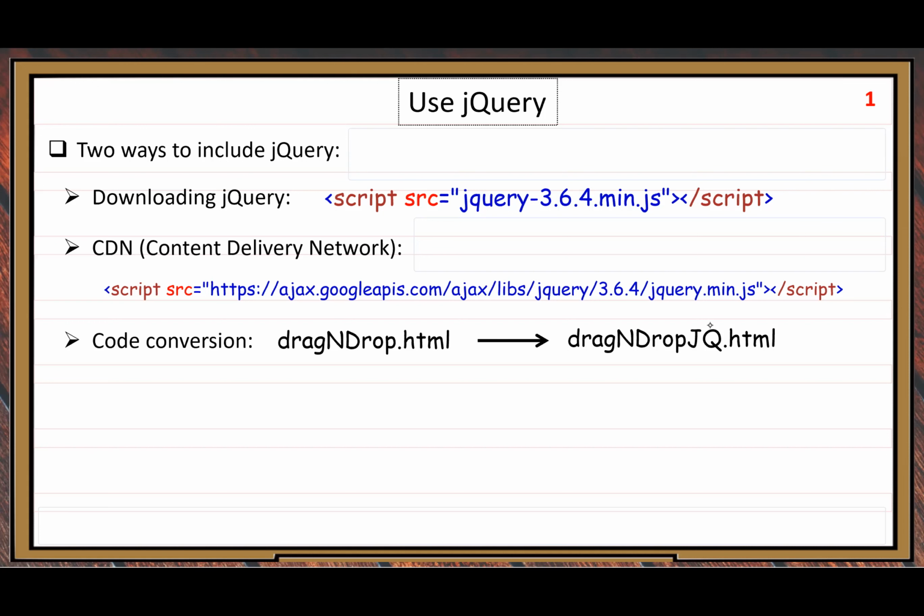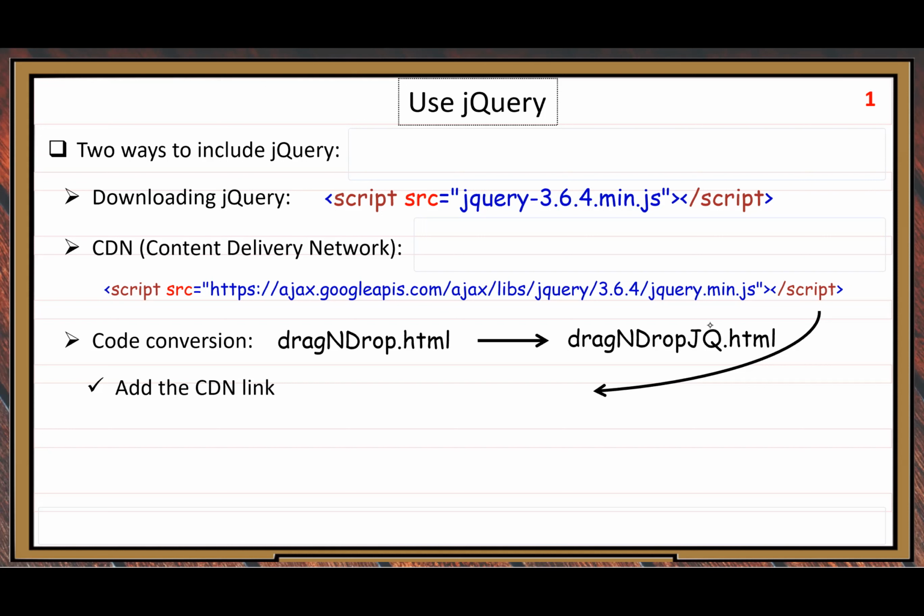I just add JQ at the end of the file name to tell you this is a jQuery version. Then in that file, I need to include that CDN link, so I can use the jQuery in that HTML file.